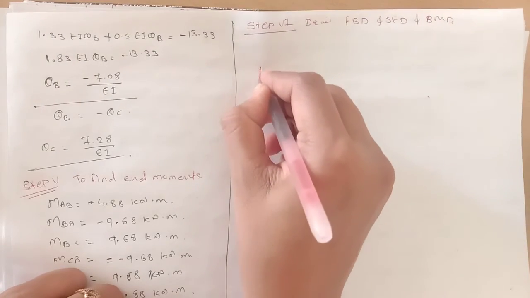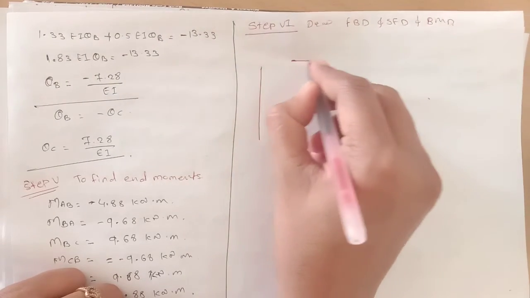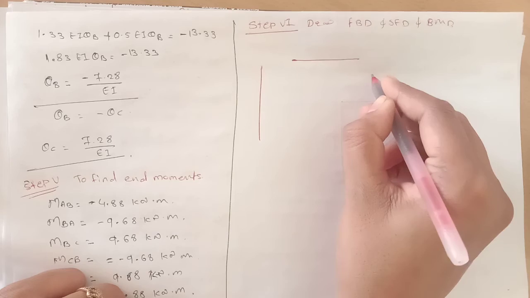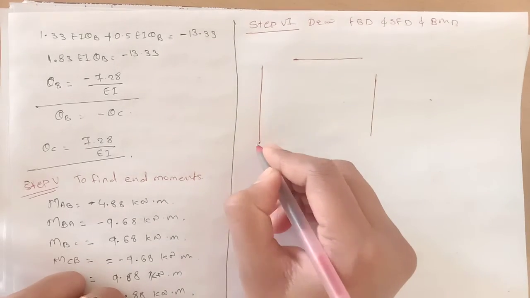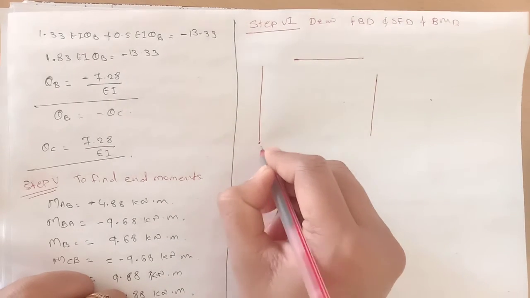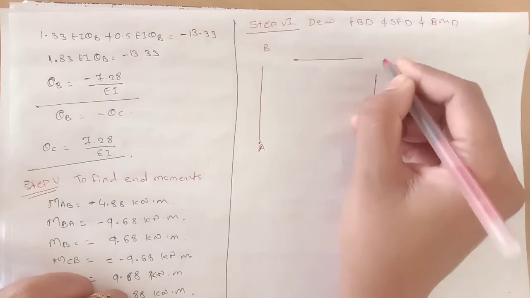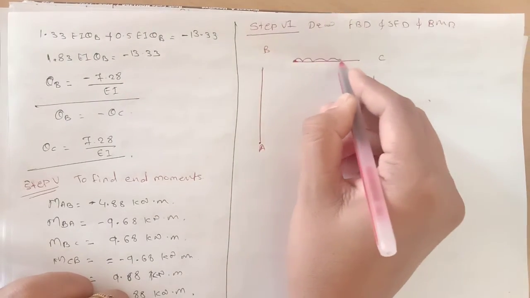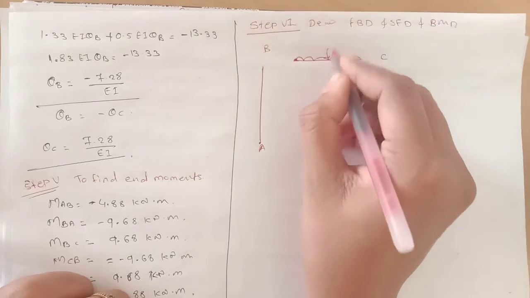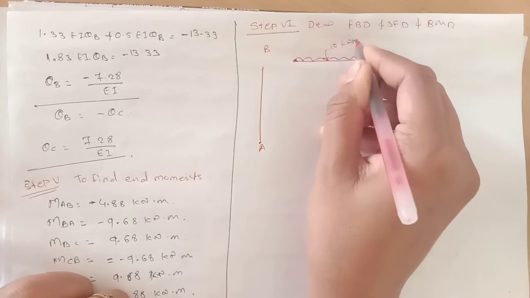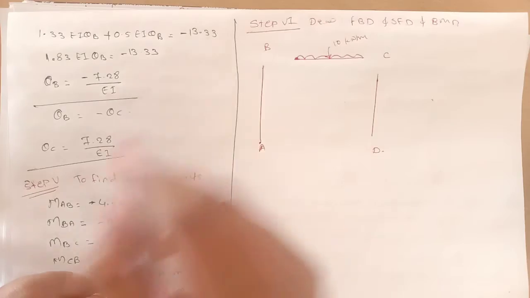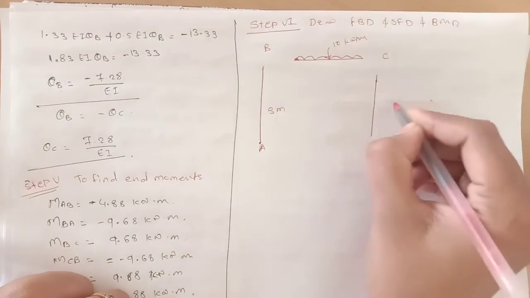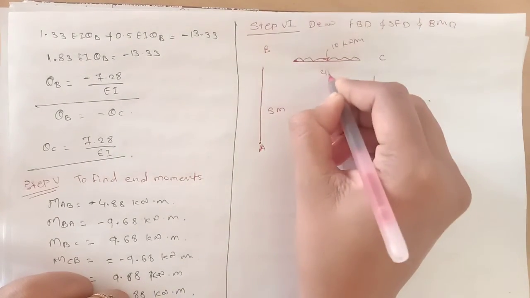First, free body diagram. Here are point A, point B, point C and point D. Over this BC member, a 10 kilonewton per meter UDL acts. The span is 3 meter, here also 3 meter, and here 4 meter.